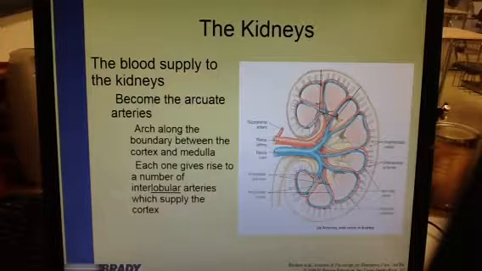After the interlobar arteries, they break apart into arcuate arteries, and they make this arch boundary between the cortex and the medulla, and then each one gives rise to a number of interlobular arteries which supply the cortex. So basically lots of branching, and again, I'm hoping you'll be able to see this in your dissection in the lab, but just realize that every nephron is getting blood supply.